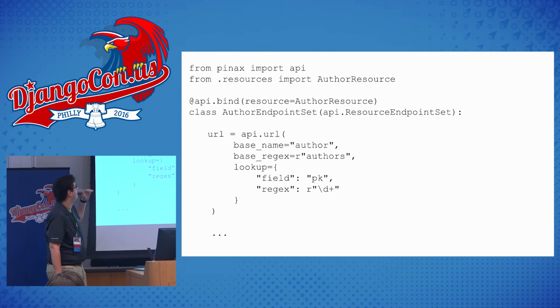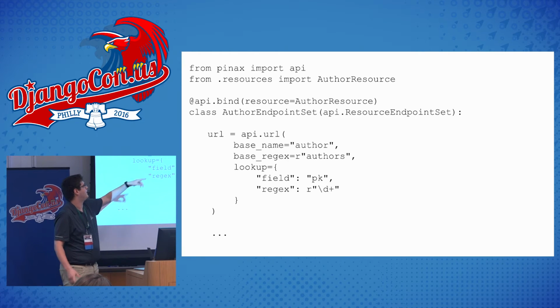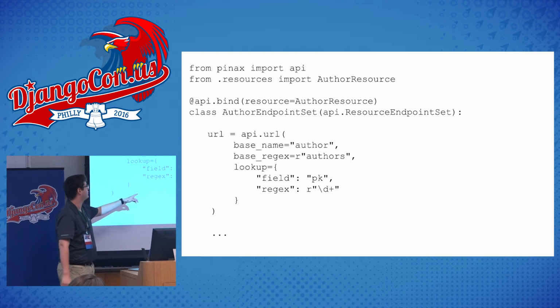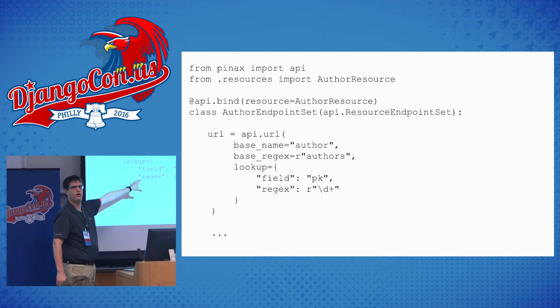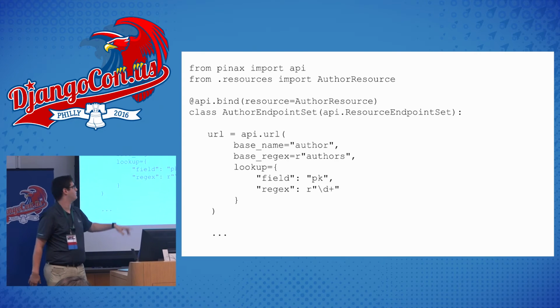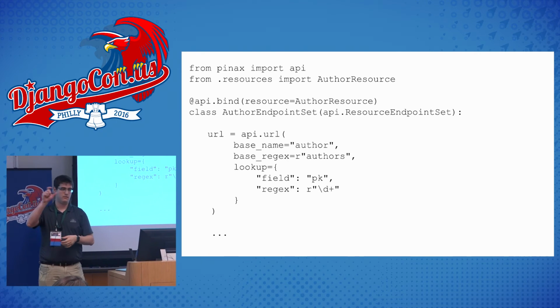So there's a base name, which is largely just the singular name of the model or whatever the data model is, and then the base regex, which actually defines where it's going to live in your URL namespace, but it's done at the collection level, and then the lookup actually defines how it will look for the individual object that's inside that collection. So in this case, the field is a PK. So if you think of a URL conf, all of this gets compiled down into a single regex, which would be authors with the PK mapped out of it.